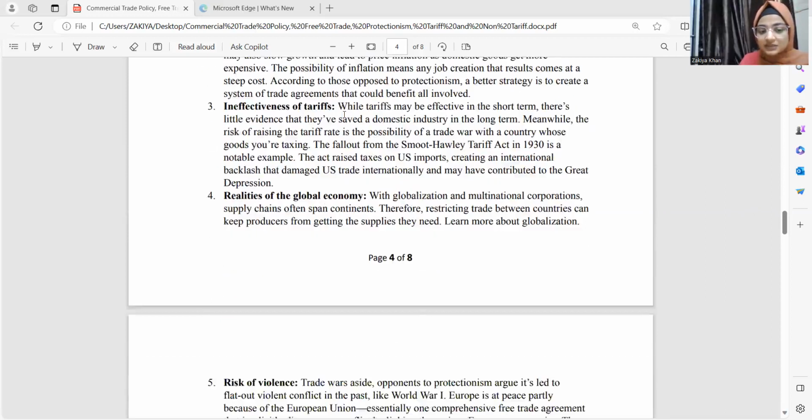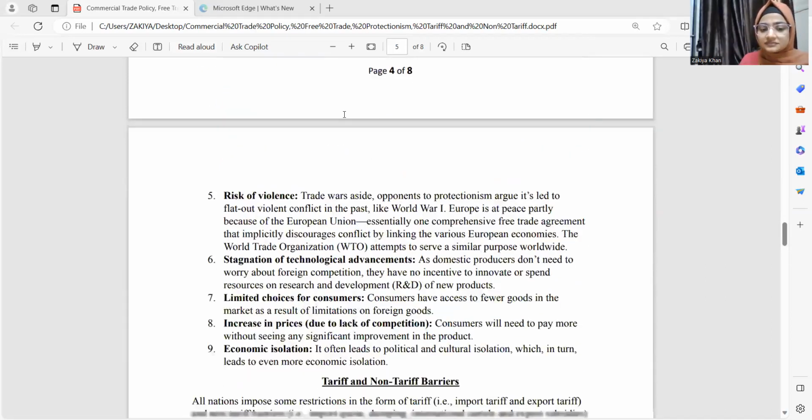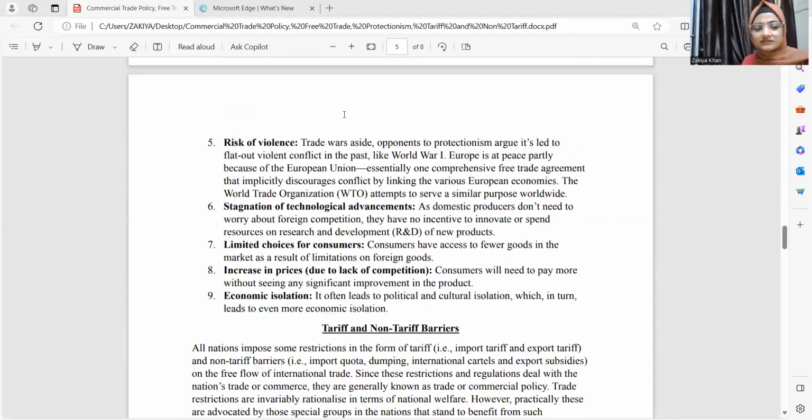There are some case studies that we can go through later. Then we have stagnation of technological advancement. When foreign goods are not being sold in your country, you will not have an understanding of what is happening with them, of what kind of goods and services they are producing. So you are economically isolated.